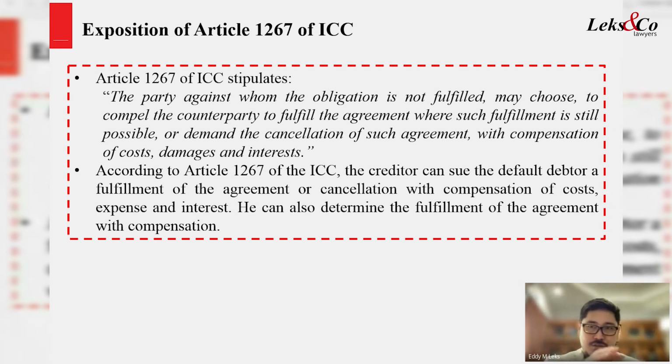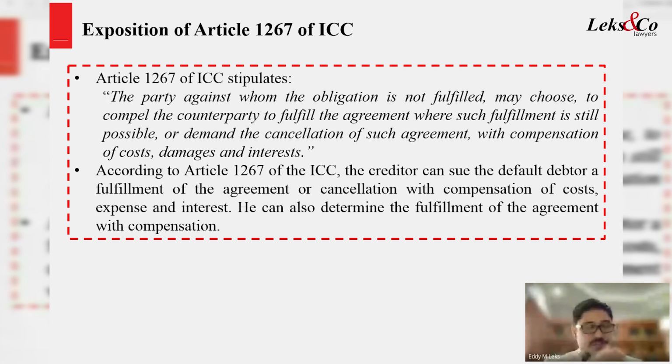So he may choose either to ask for performance or just to cancel with compensation. If you demand the performance, you can still request the cost, damages, and interest. If you demand to cancel, you are also allowed to include cost, damages, and interest. So this is optional.